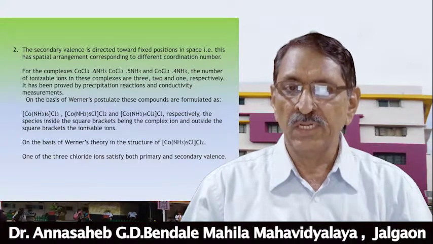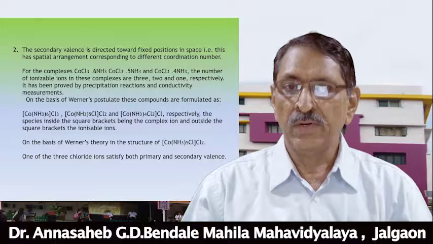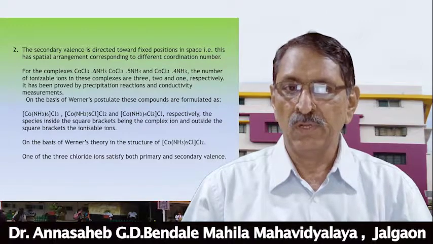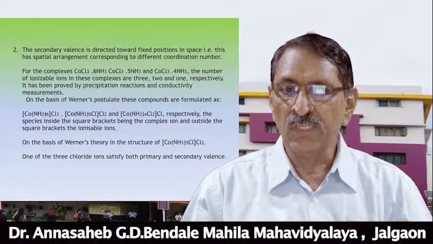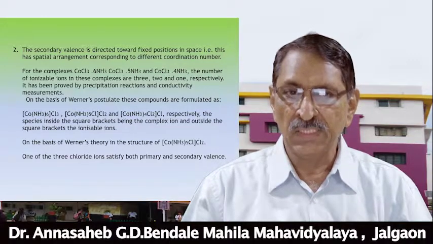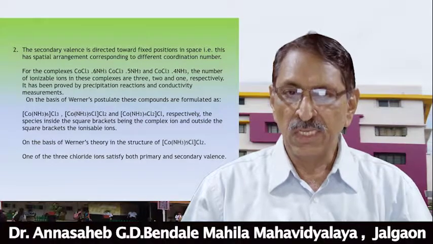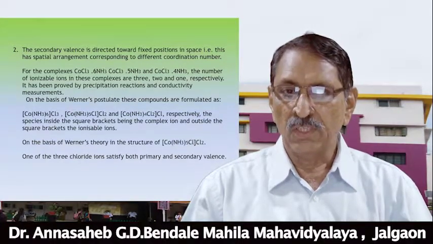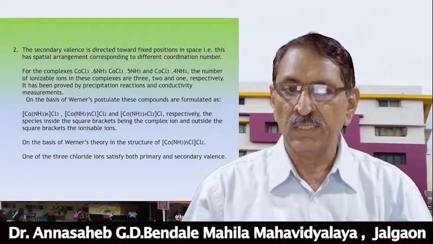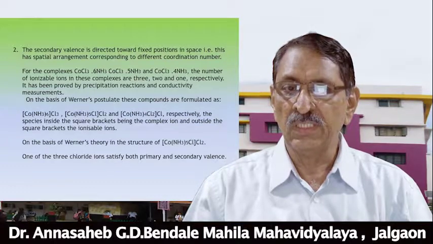So, that shows that the chloride ions present outside the square brackets are 3, 2 and 1 respectively. Now, on the basis of Werner's postulates, these compounds are formulated as follows. In the first, hexaamminecobalt(III) chloride, the species in the square bracket is the complex ion, [Co(NH3)6], and outside the square bracket there are 3 chloride ions.